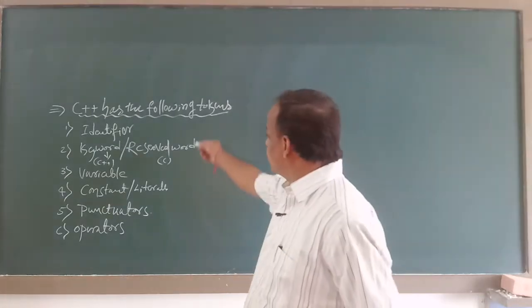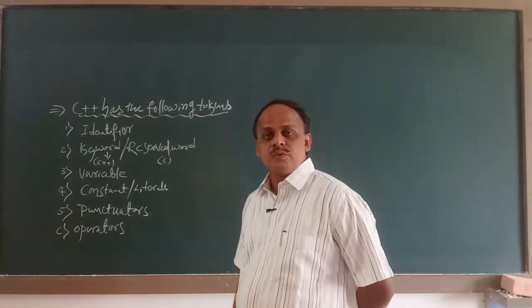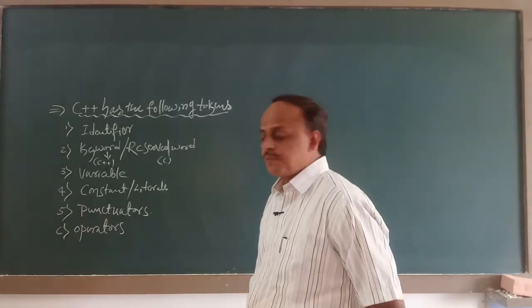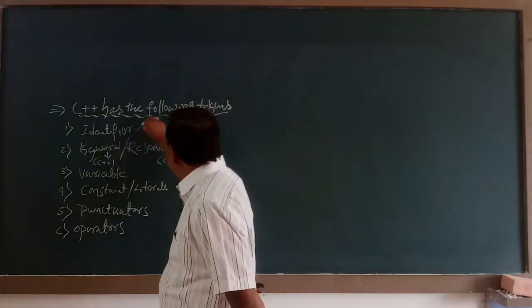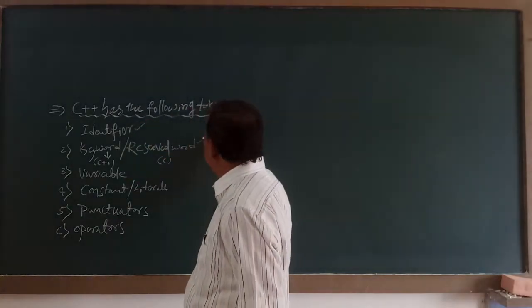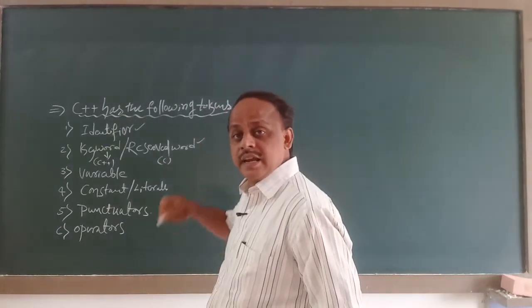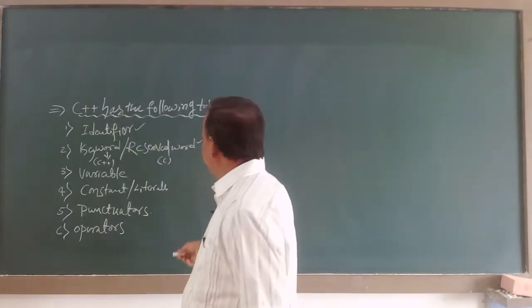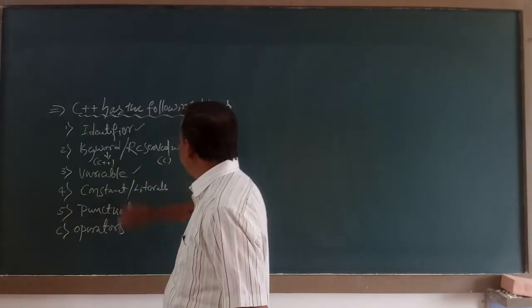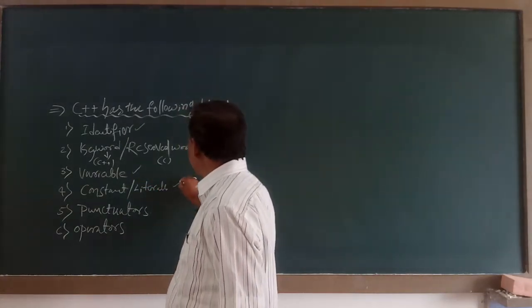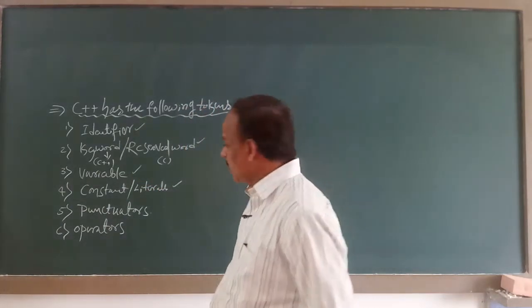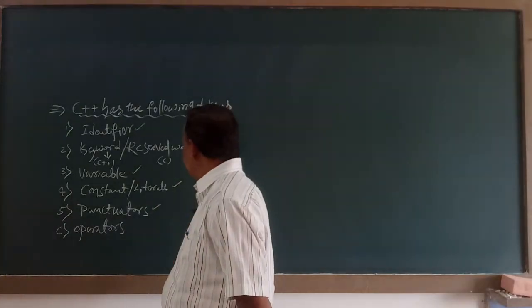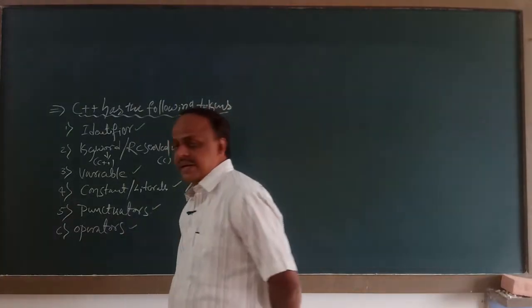Here I listed different types of tokens of C++. They are identifier, keyword (in C it is called reserved word), third one variable, fourth one constant or literals, fifth one punctuators, sixth one operators.